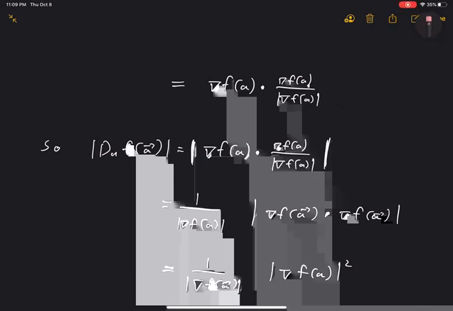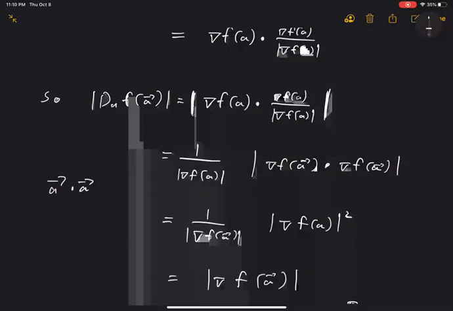Remember, when I have a vector dotted with itself, a dot a is the magnitude of a squared. Technically it would be the absolute value of the magnitude of a squared, which is the same thing as the magnitude of a squared.